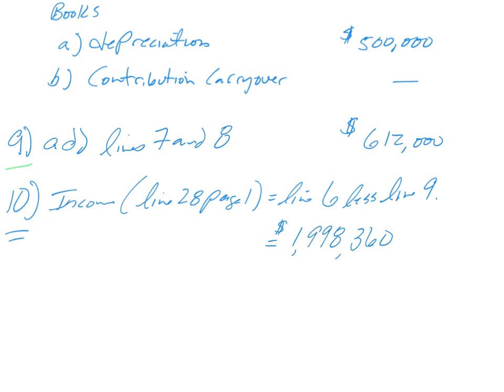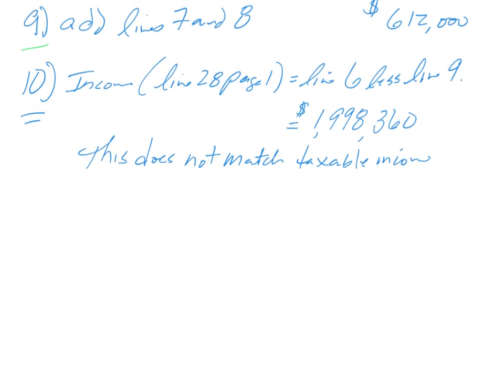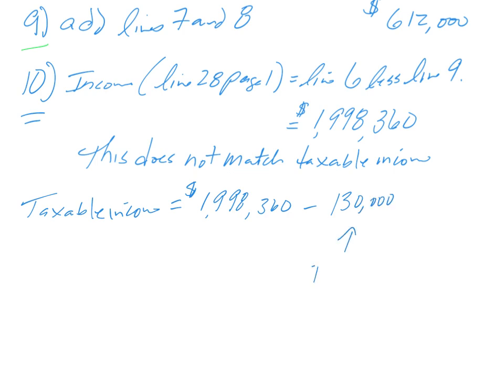okay, and you'll notice that does not match taxable income. All right, taxable income is equal to that minus your dividends received deduction.